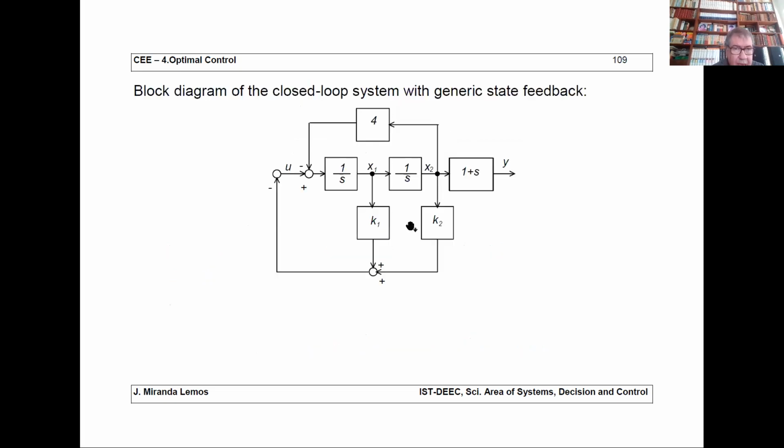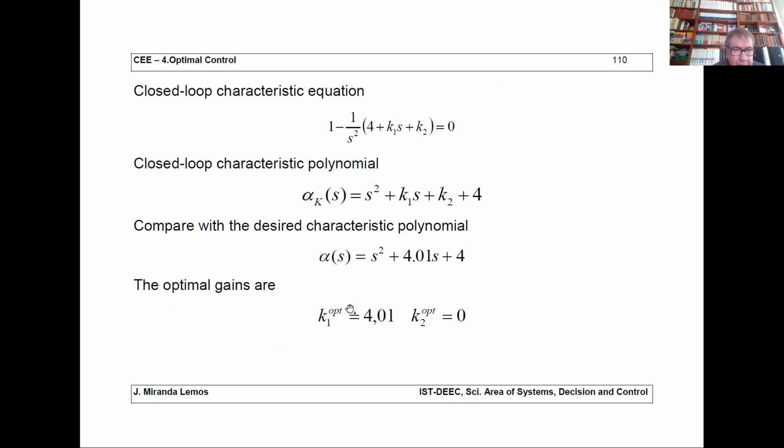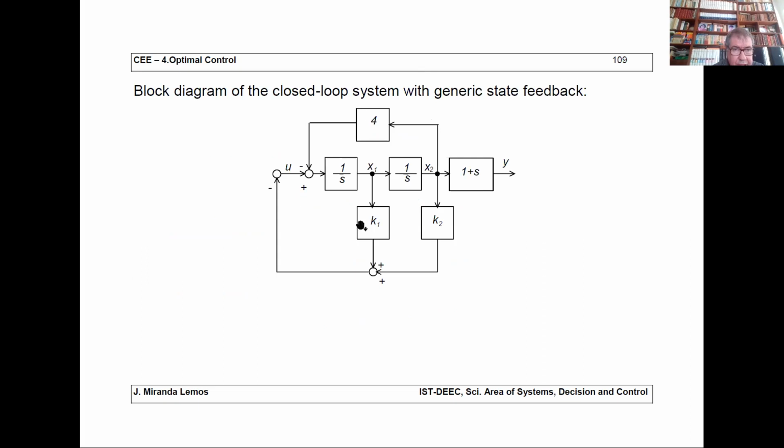Okay, so we have our plant. We feed back x1 with k1, x2 with k2. Don't forget a minus sign there. And I compute the A_K polynomial. This should be an A, not an alpha. So the characteristic polynomial of the closed loop of this system.